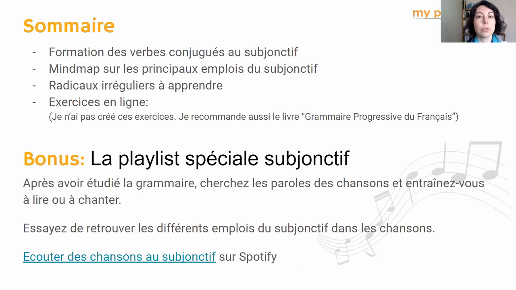You can't avoid those. We use them all the time, so you need to learn them in all the conjugations, like je, tu, il, nous, vous, ils in the plural. And then I give you a list of exercises and some prompts for creative writing to use the subjunctive. And I also invite you to go to Spotify and listen to a bunch of songs using the subjunctive.